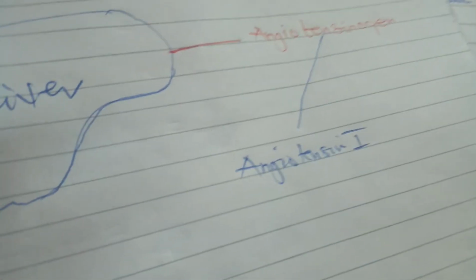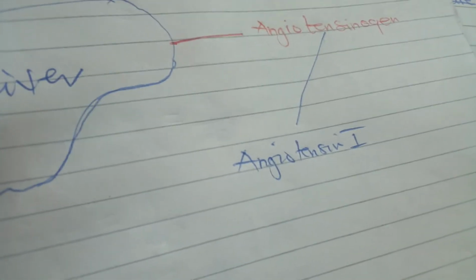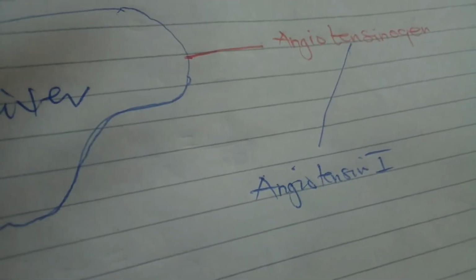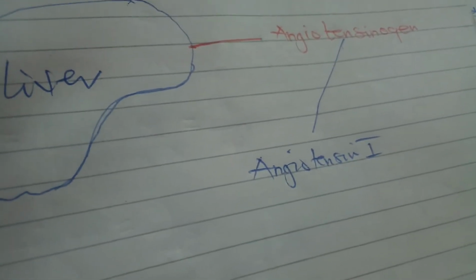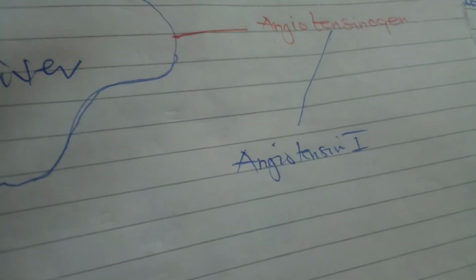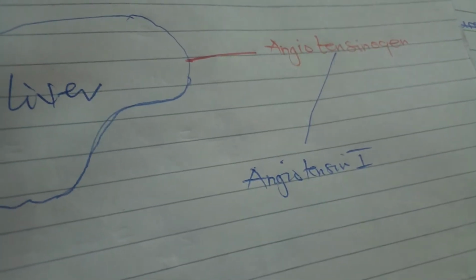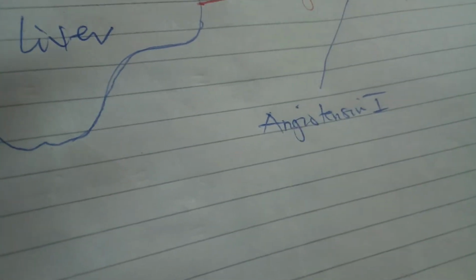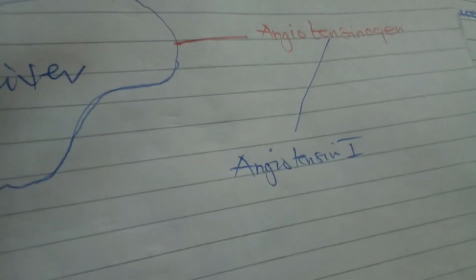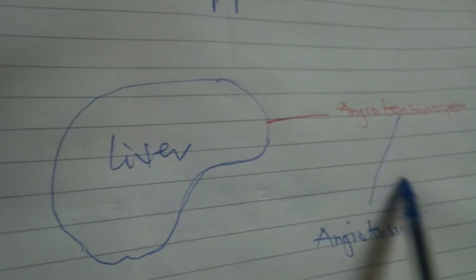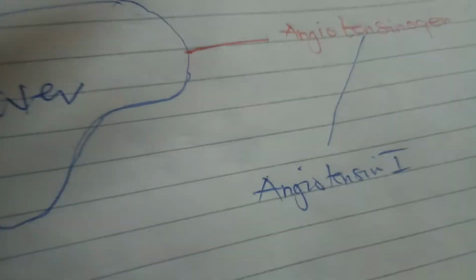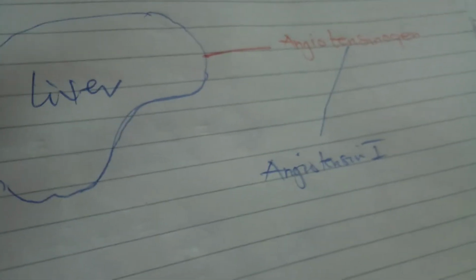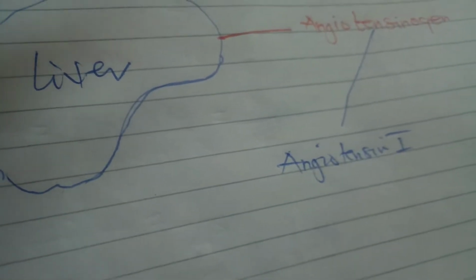So what is angiotensin 1 going to do? Now the angiotensin 1 will also circulate in the blood. Angiotensin 1 will also be converted into angiotensin 2. In this case, 8 amino acids are going to be cleaved from angiotensin 1, giving us what is called angiotensin 2.